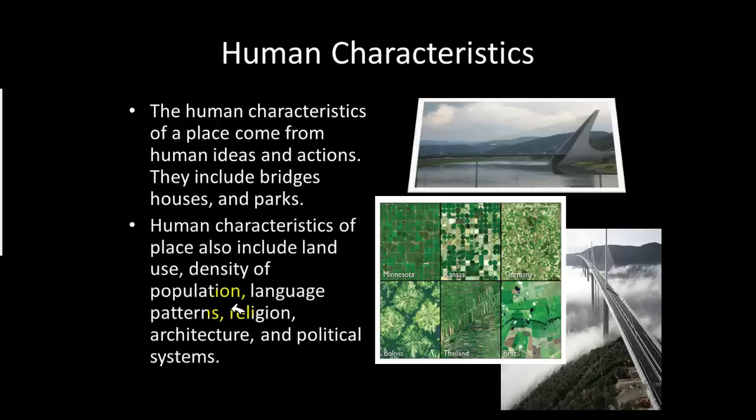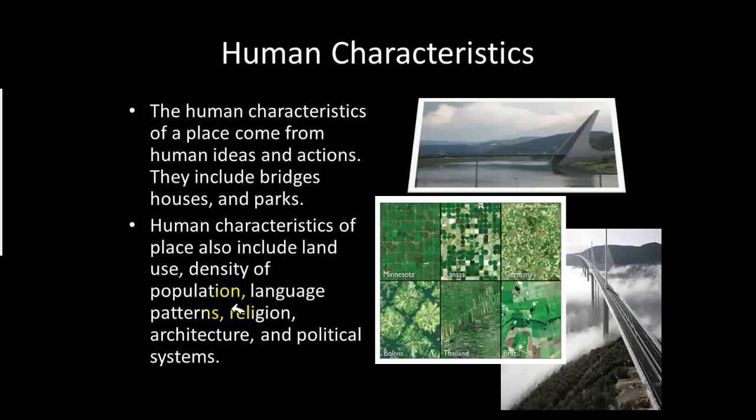Now, the human characteristics of our place can also include land use and the density of the population. When we say density of the population, that means how many people are actually living in an area. If you take Gonzales or Ascension Parish, for example, earlier, I think in the last video, there are about 263 people per square mile.